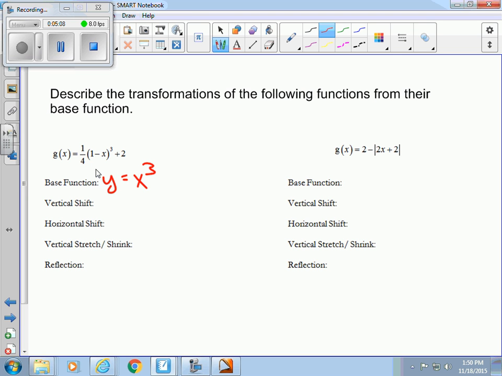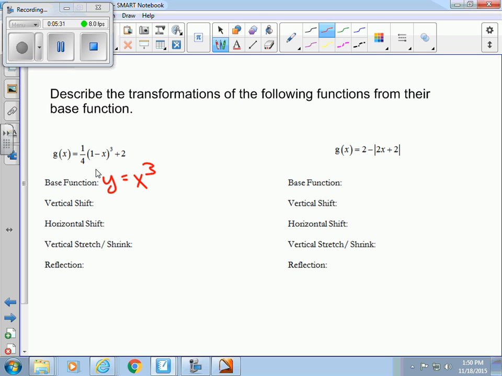Now, to answer some of these questions, I may need to rewrite the function. Does anything look out of place for what we're used to seeing with things like absolute value functions and quadratics? Does anything look a little out of place, in a different order than we're used to seeing it in? The x and the 1. Don't we normally see something like x minus 1?